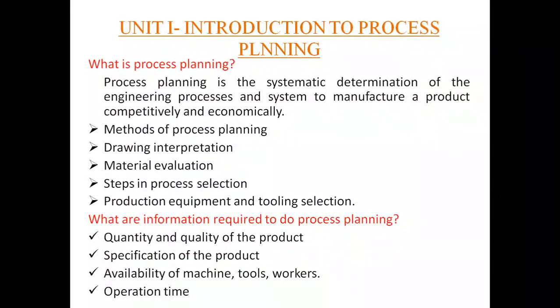Process selection is choosing the right manufacturing process at the design stage itself. For example, casting, molding, deformation methods, joining methods, special methods. In this, we have to select the appropriate method suitable for manufacturing the product.